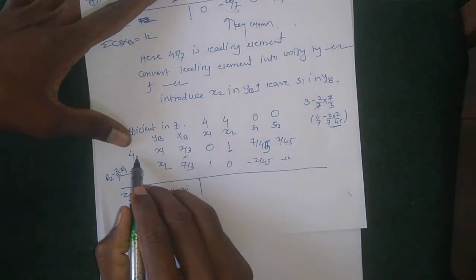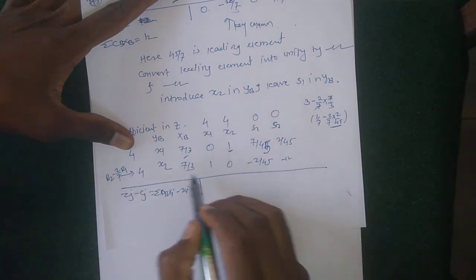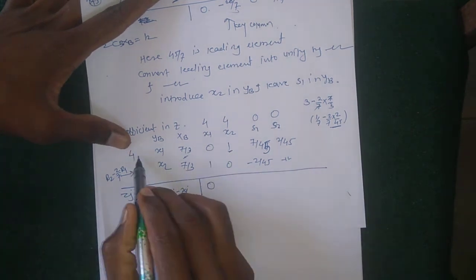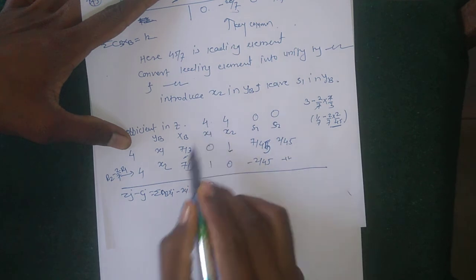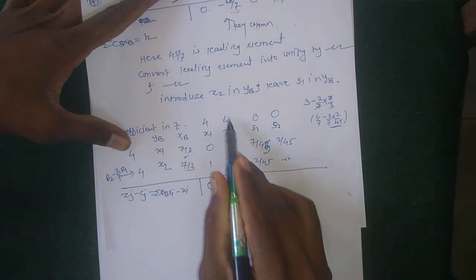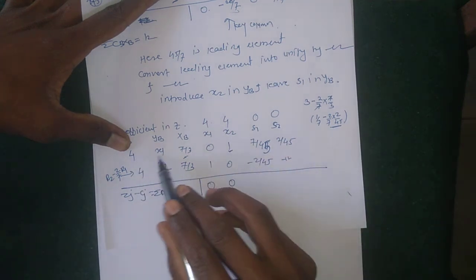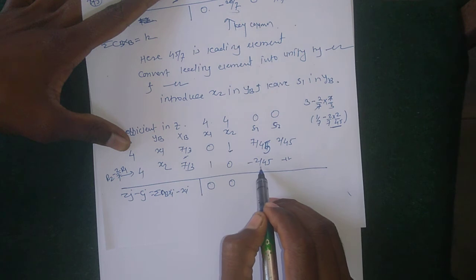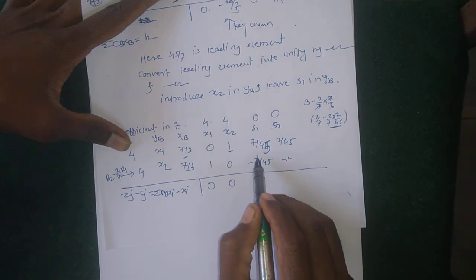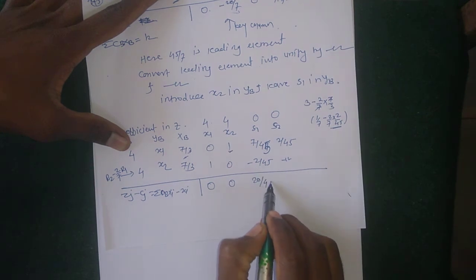Okay, so here 4 minus 4, 0, 4 into 0 plus 4 into 1 minus 4, 4 minus 4, 0. Similarly here also 0. Similarly here 28 by 45 minus 8, 20 by 45.